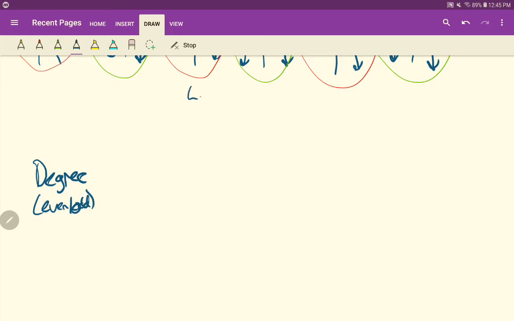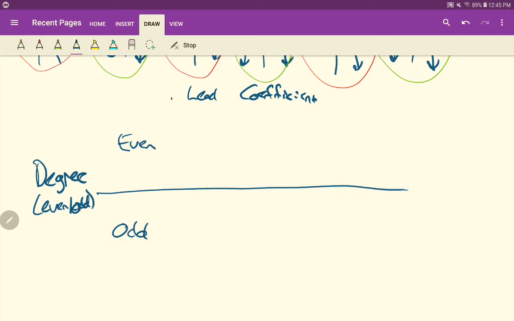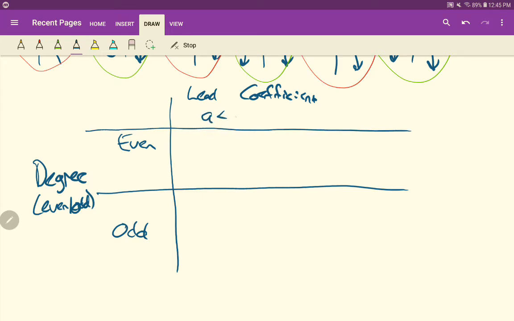And then the lead coefficient. I'll make a little table here to organize this. Okay, so there's our table.